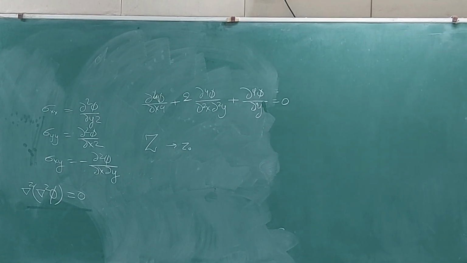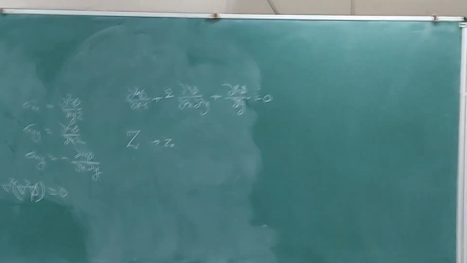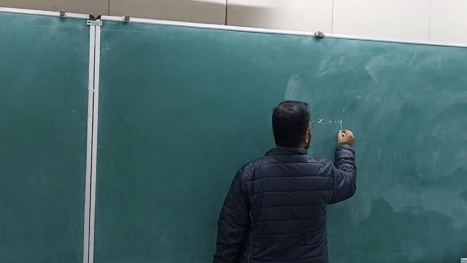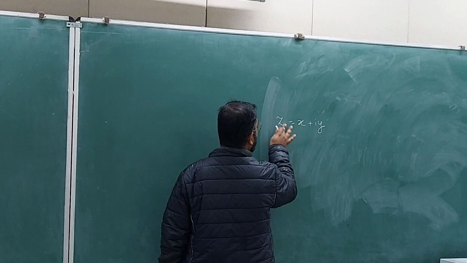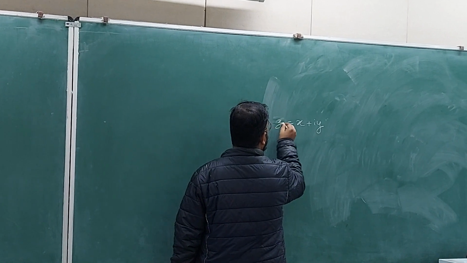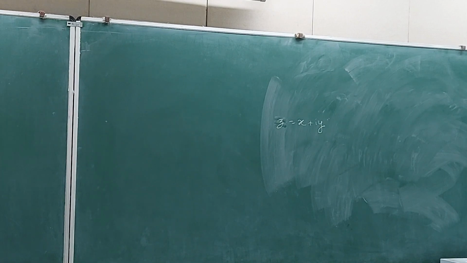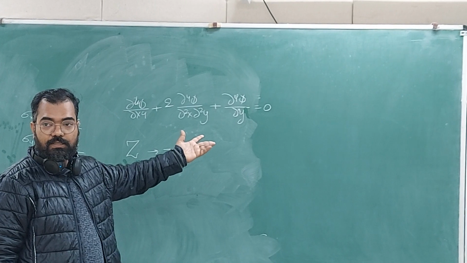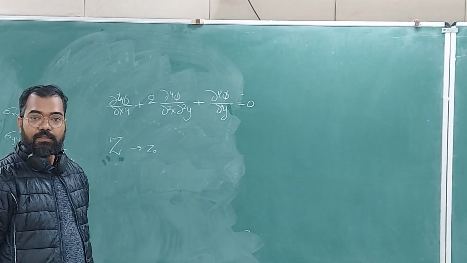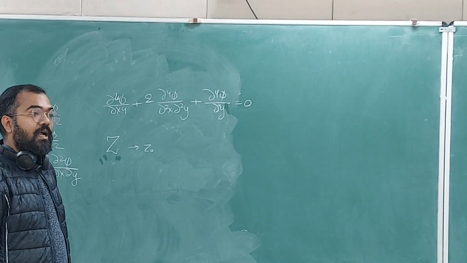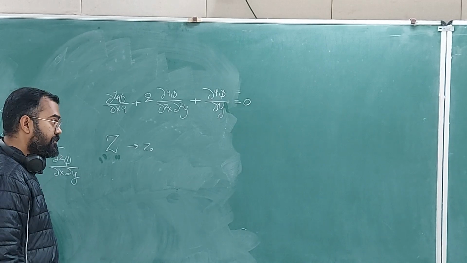If you remember, a complex number is described as x plus iy. This is a small z, so I will write it like this so that we don't get confused with capital Z, which is a function, and small z is just the expression of a complex number in the Argand plane.